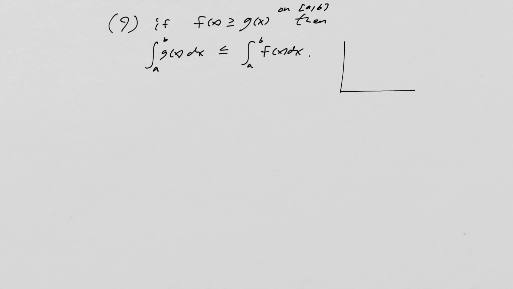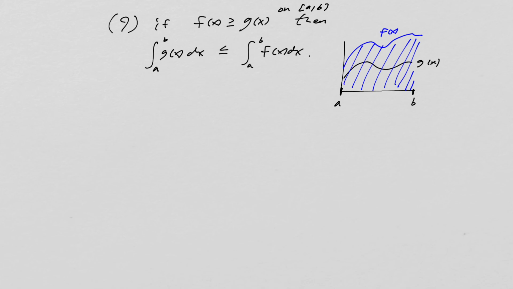If I have a function here, and this is g of x, and I have another function, f of x, that's larger, at least on the interval a to b, then you expect the area to be larger as well.